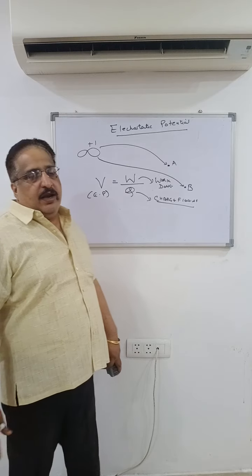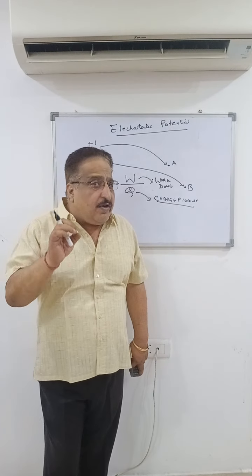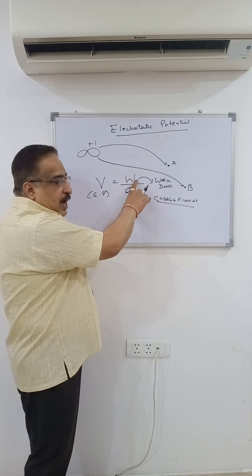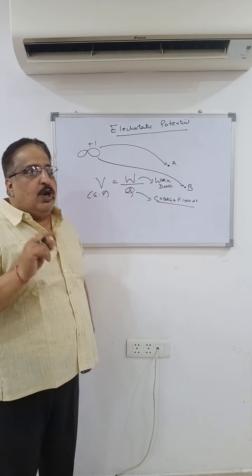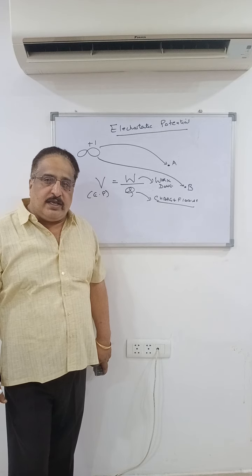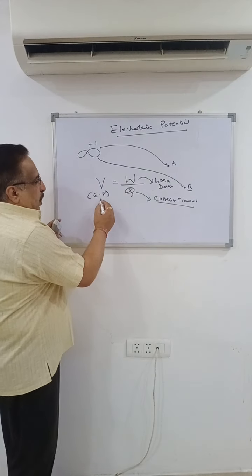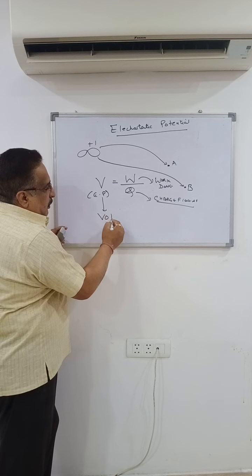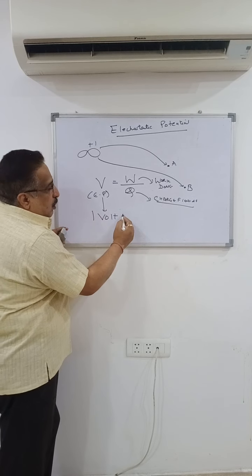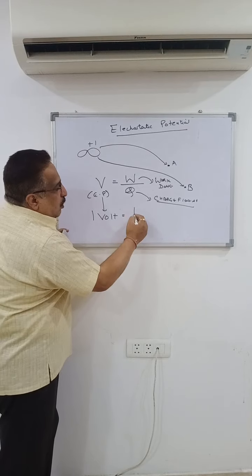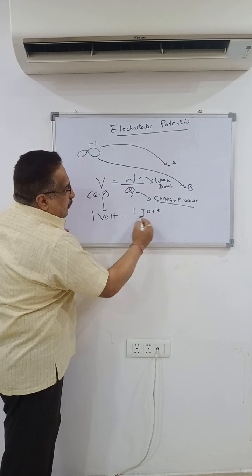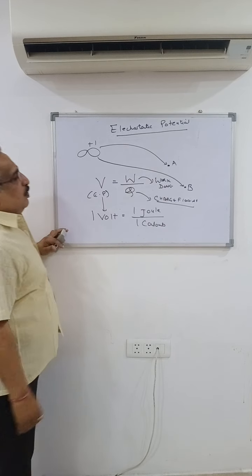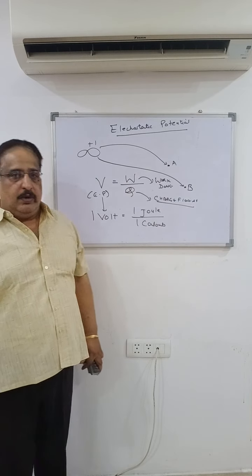You might have done in your 9th class, what is the unit of work? The unit of work is joule and the unit of charge is coulomb. The SI unit of electrostatic potential is volt. So what is 1 volt equal to? 1 volt is equal to 1 joule upon 1 coulomb.